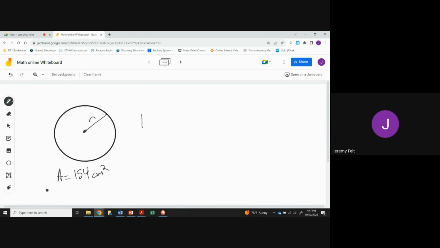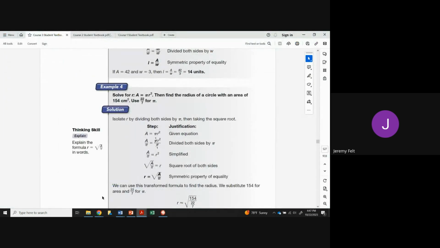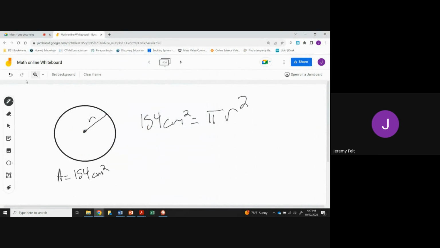Well, area, which we know equals pi r squared, and we were told to use 22/7 for pi, so we'll go ahead and do that.